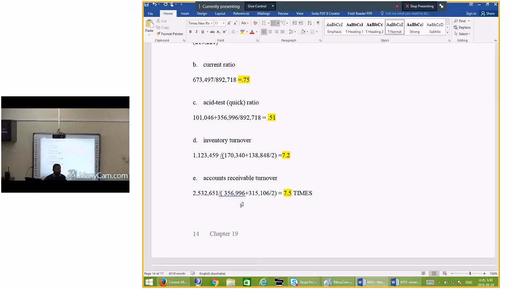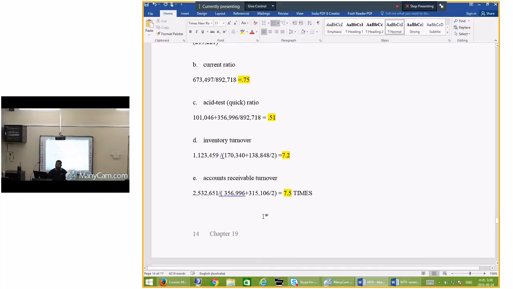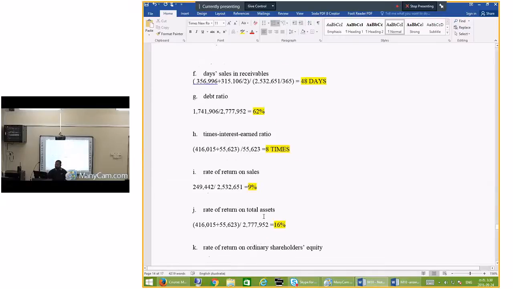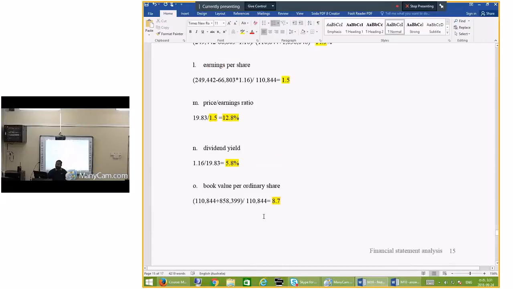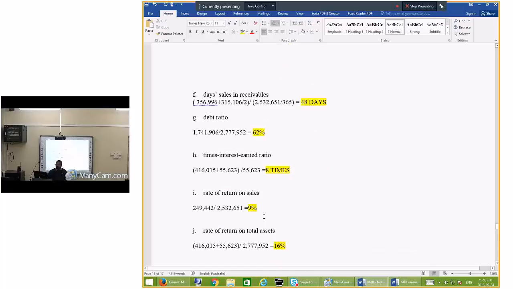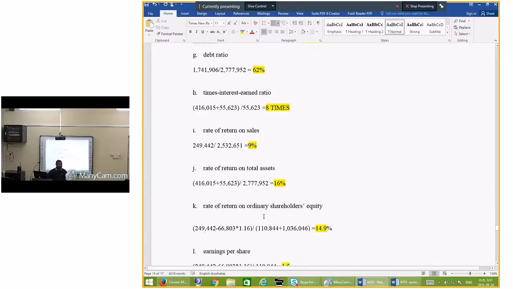Then put one or two paragraphs on the efficiency and overall performance of the company. That is important. With just calculation you can get only a few marks, but if you want more marks, write something on the efficiency of the company.